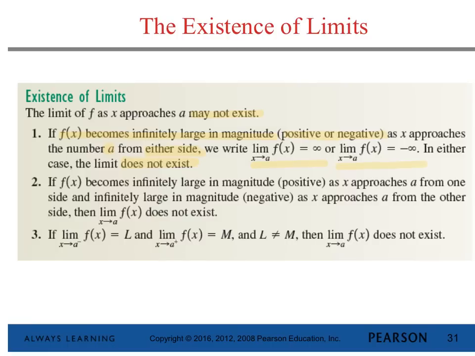If f of x becomes infinitely large in magnitude, which means positive, as x approaches a from one side, and infinitely large in magnitude but negative as x approaches a from the other side, and here is a quick sketch of what that looks like so that you'll remember.